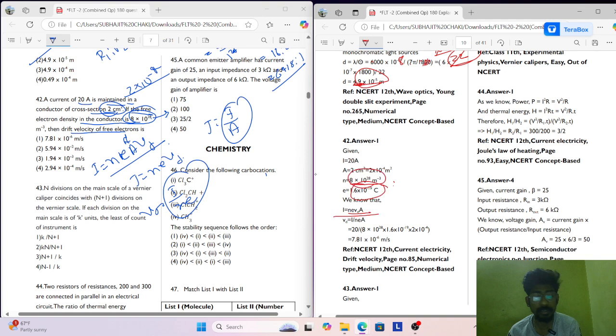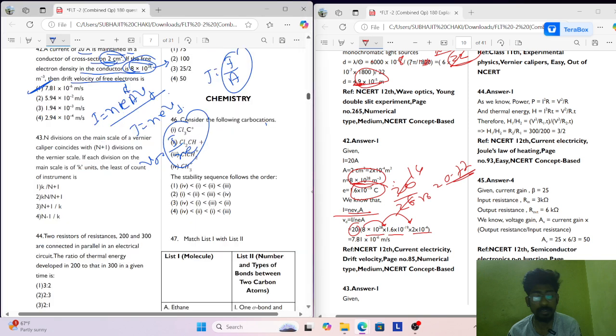Put all these values: I is equal to 20, N is this, E is this, A is this. Just put all the values. This is 13, 13 to the 26. 20 by 26, 10 by 13 means around 0.77 or 7.7. Therefore, option number 1 will be our correct answer.